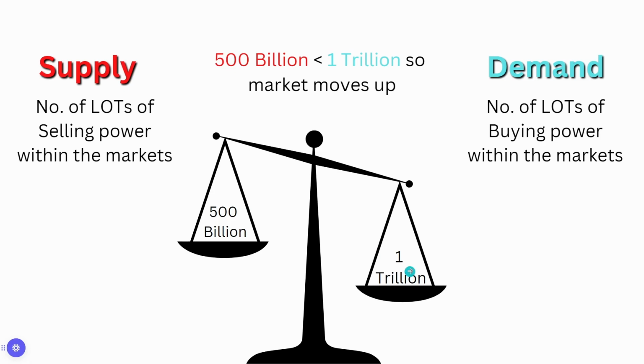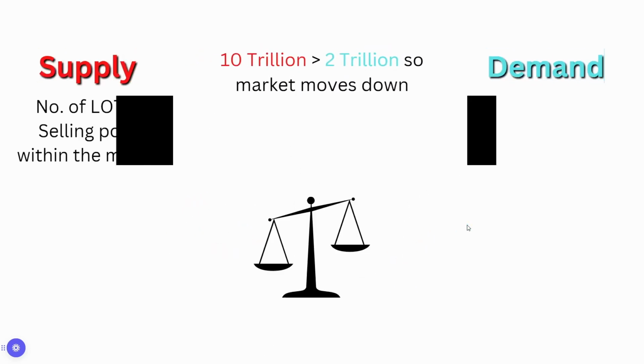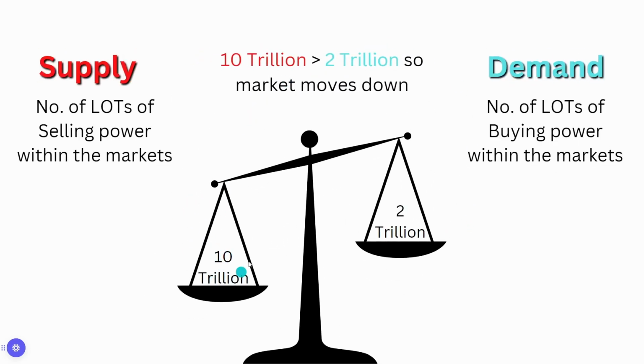The bullish structure being created when the supply and demand balance is like this would not be as aggressive as the bearish structure created from this supply and demand balance, given that supply is in favor of a ratio of 5-1.